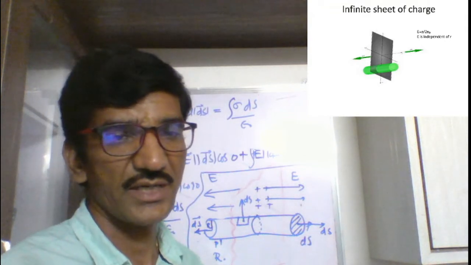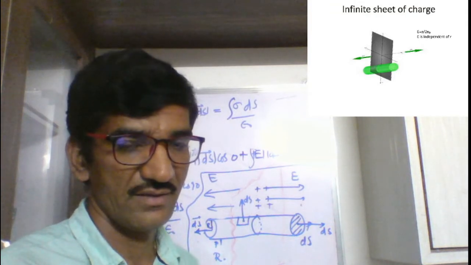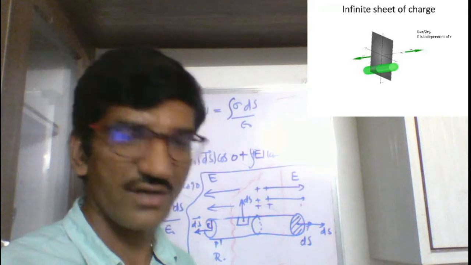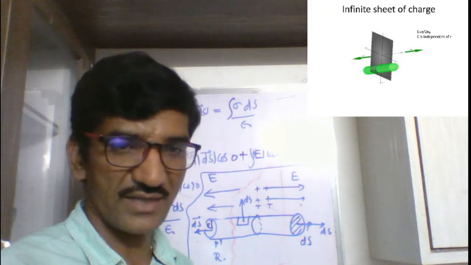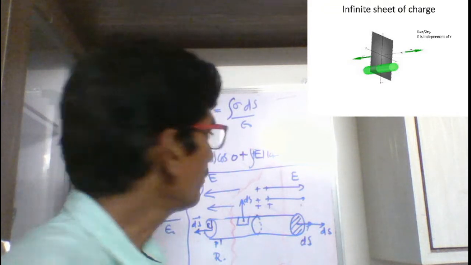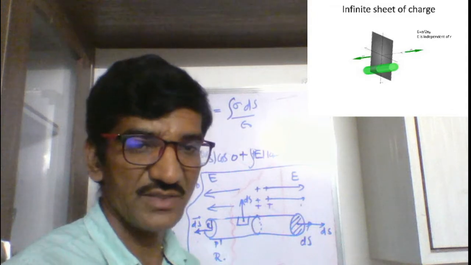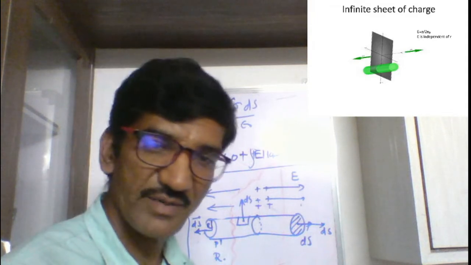That means here you can comfortably write E outside of this integral. If that is not the case, you cannot simply write it outside. That will be totally wrong. So we apply the Gauss law only in such cases, that means in such symmetric objects.